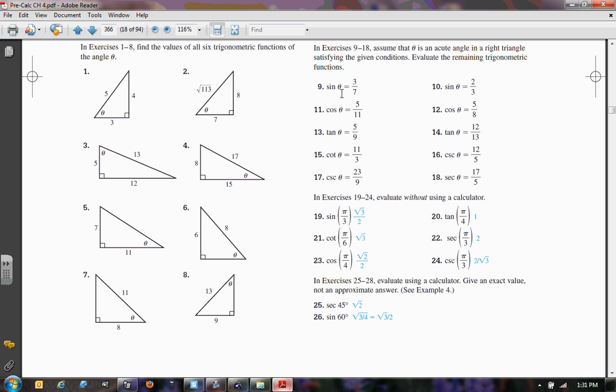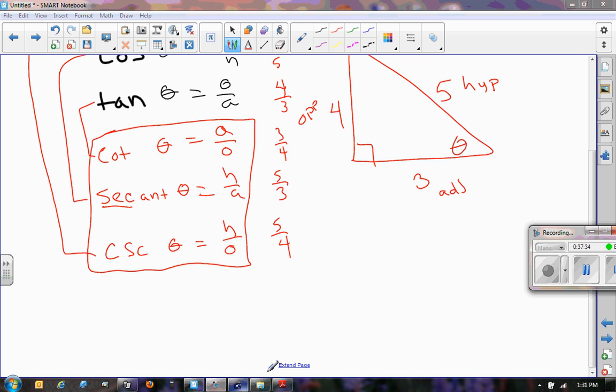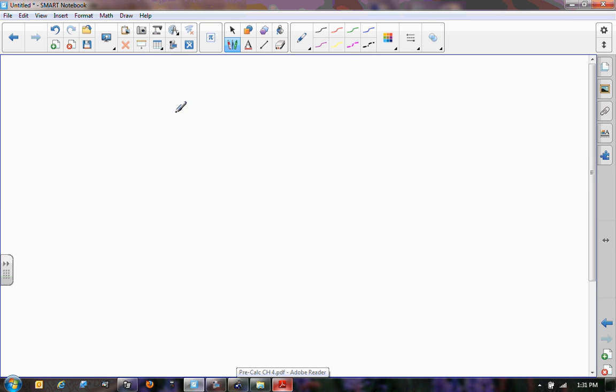Let's look at some, like 9 through 17. Let's go with 17. It says the cosecant of theta is 23 over 9.